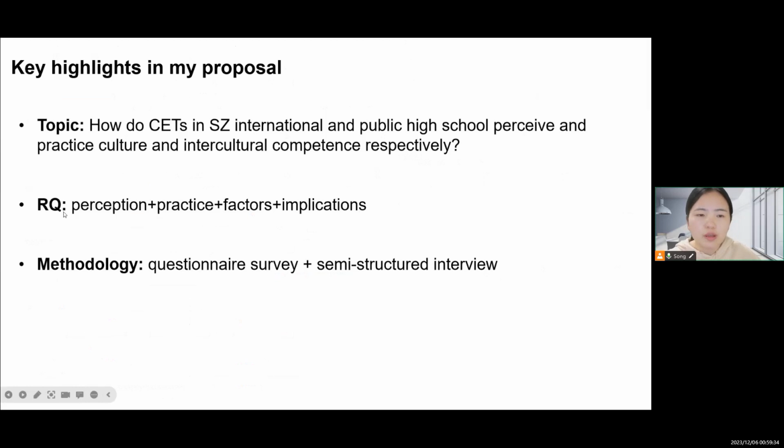The research questions mainly involve the perception and practice, and also find the external or internal factors and more implications for the teachers and some other stakeholders. For the methodology in my study, I adopted a questionnaire survey and semi-structured interviews of 30 minutes.